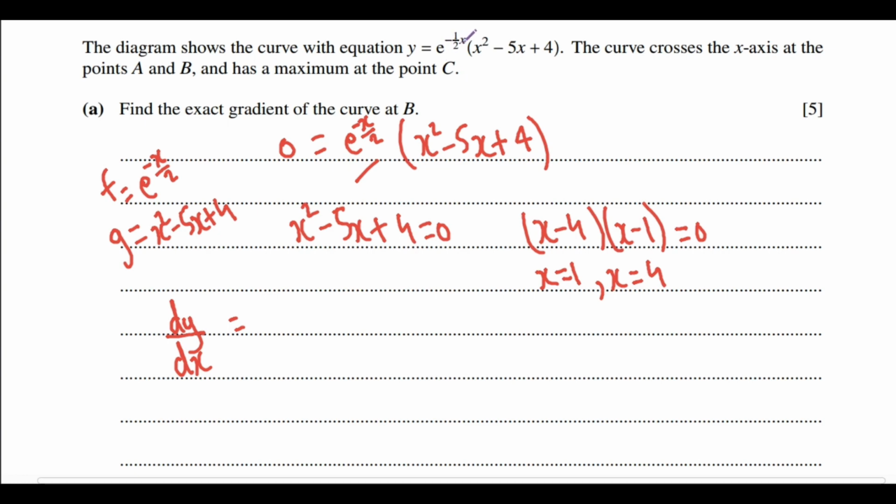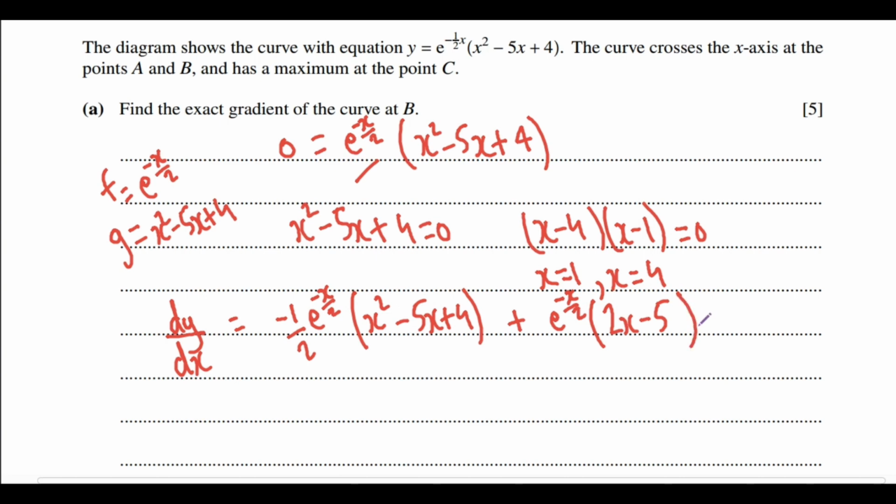We take the derivative of the first function, which is negative a half times e to the negative x over 2, and we just multiply it by whatever the other function is, so just x squared minus 5x plus 4, and then we add that to, we leave the first function however it is, so it's e to the negative x over 2, times the derivative of the second function, which is just 2x minus 5. This is using the power rule, of course.